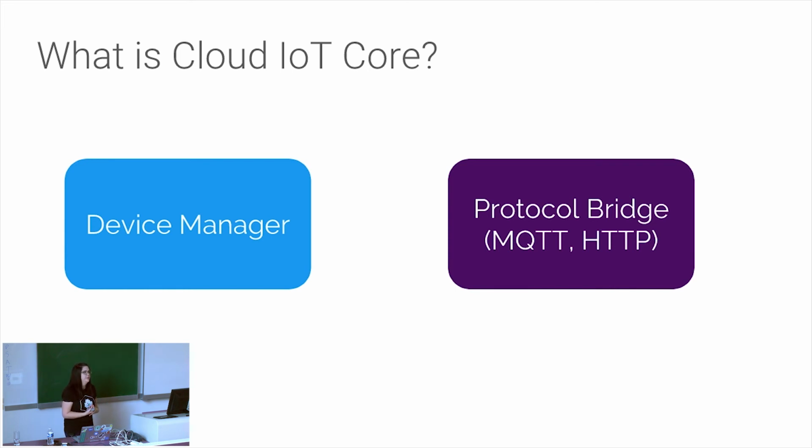Then, if you've done any sort of IoT programming before, you might have run into MQTT, which is a protocol that you can use to communicate with your devices. It's quite a lightweight protocol to do this. Cloud IoT Core offers this protocol bridge, which you can use to connect your devices to the server using MQTT. But you can also get just normal HTTP access as well, so if you wanted to do standard stuff, you can do that too.